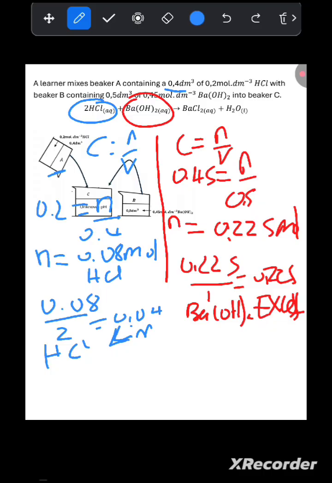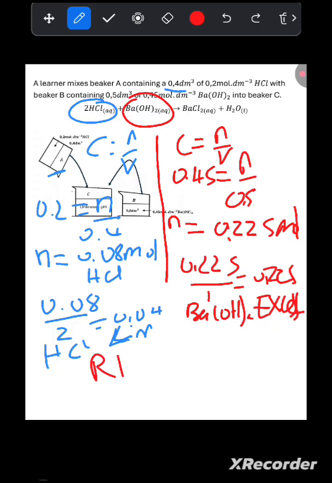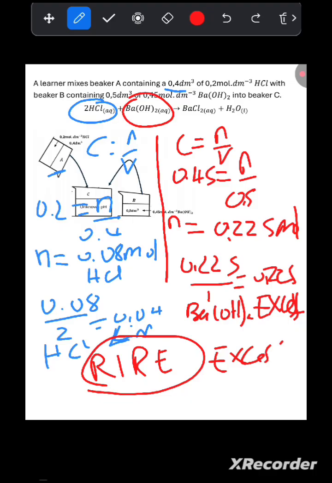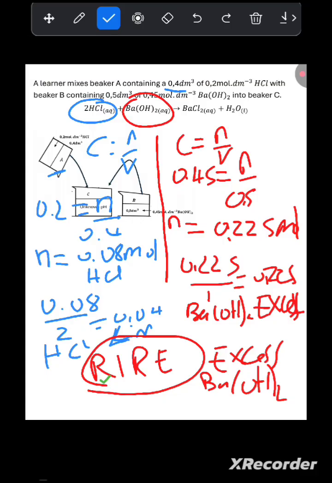Okay. So now I'm going to use RAE, which is about the excess reactant. It's information about the excess reactant, which in this case is about this. Meaning you have to find the reacted number of moles of the base.